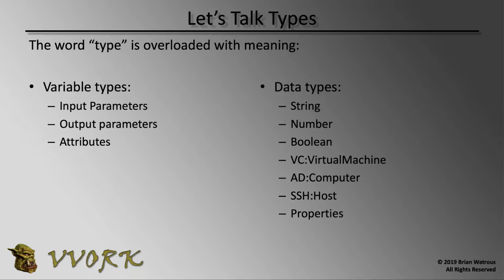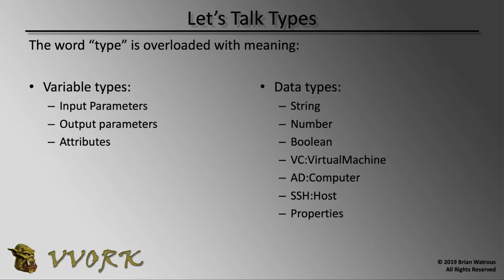So for instance, just randomly picking here, I could create an attribute that is of type string. That would allow that attribute variable to store a string of characters. On the other hand, I could have just as easily created an input parameter or an output parameter that is of data type string.